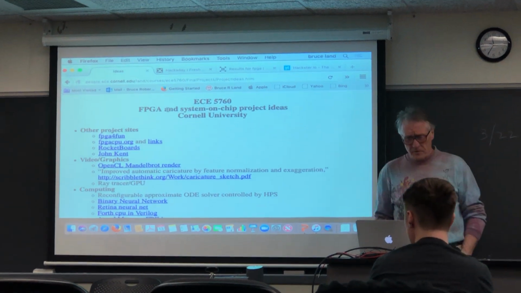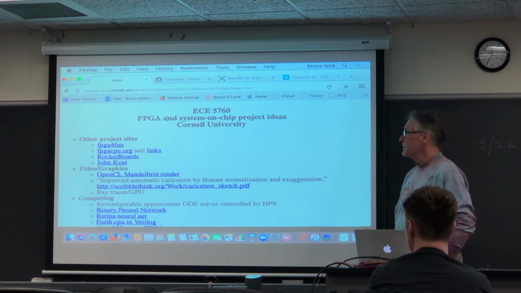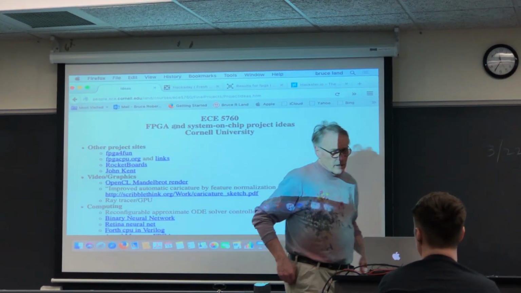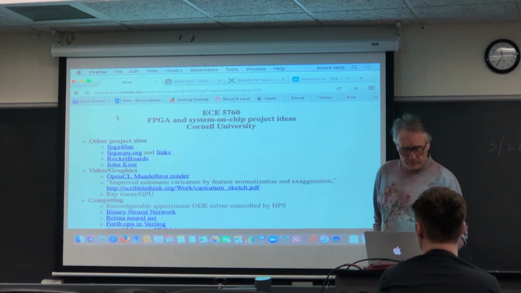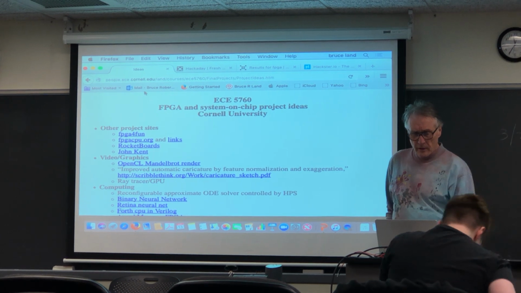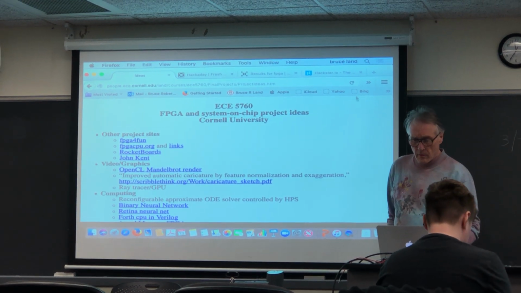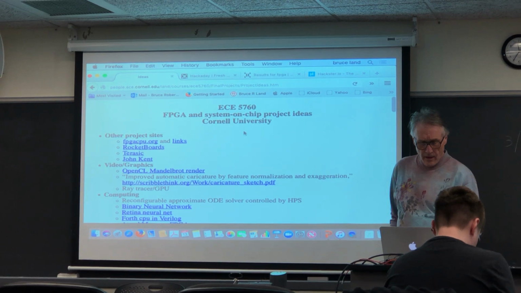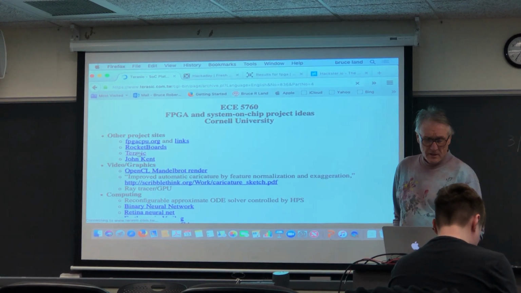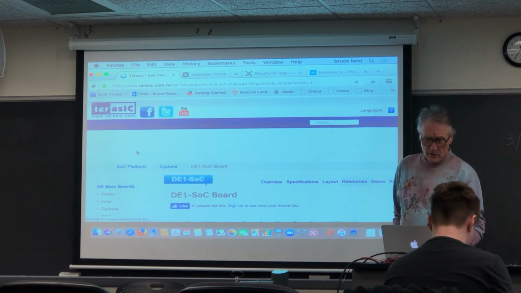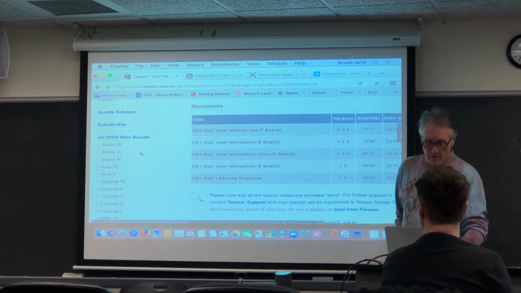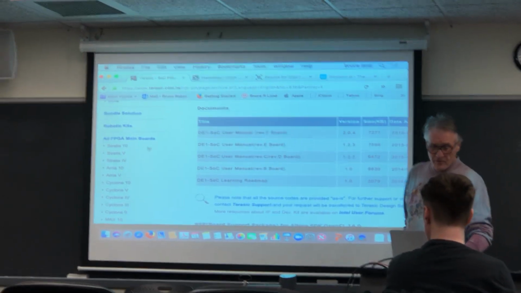One is kind of an infrastructure thing, and that is to get OpenCL running on these boards. If we go to the Terasic site, Terasic is the manufacturer that actually makes these boards. There's a whole bunch of users manuals.